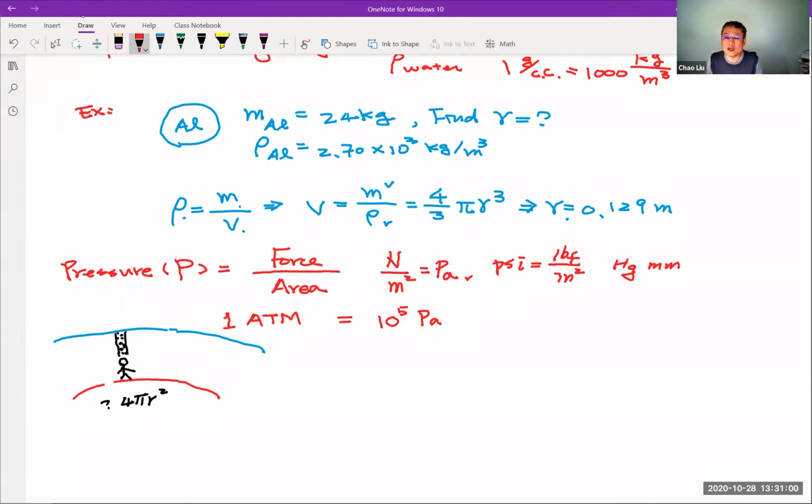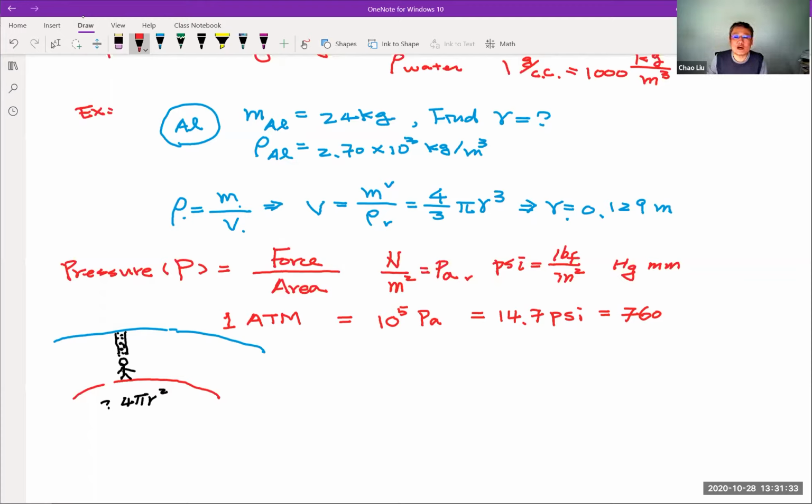This is also equal to 14.7 psi. And this is also equal to 760 millimeters of mercury. So these are all equivalent. If you do the unit conversion, you have to use this one here to do all the conversion calculations.